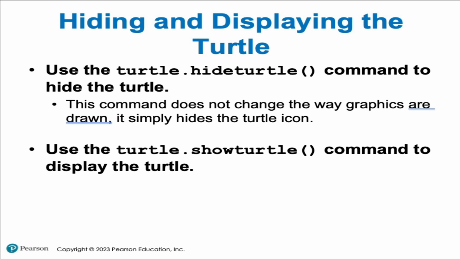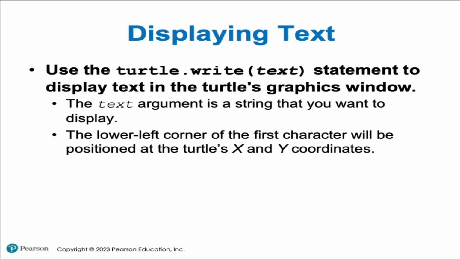So up to this point, we've been talking about drawing lines and arcs or circles. We can also put text at the current location. We do that with the write method. Within the argument list, you simply put the text that you want displayed.